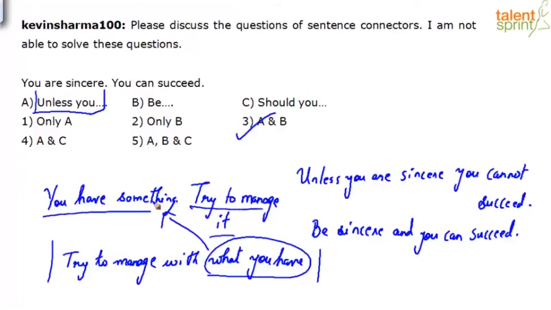So the idea is for you to try and connect the two parts and still make logical sense, and here you're adding this conjunction "with." So from this sentence, what we've learned is, you can add conjunctions to make it logical. You can even switch the parts to make it logical.